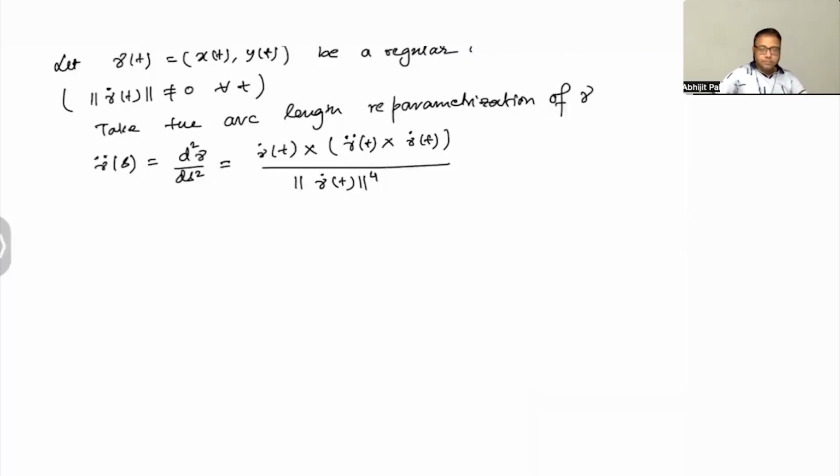We know gamma t is equal to x(t), y(t), so we can find this cross product.